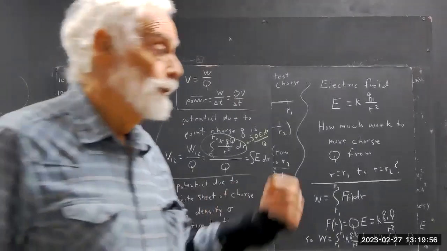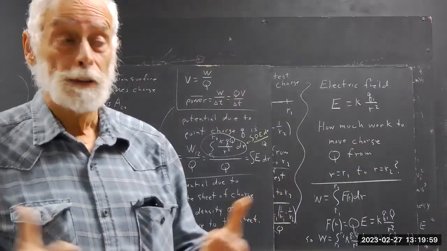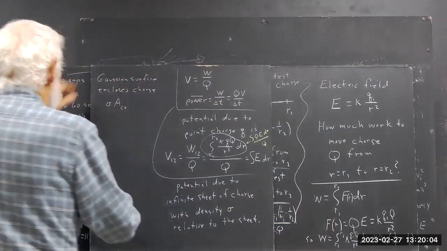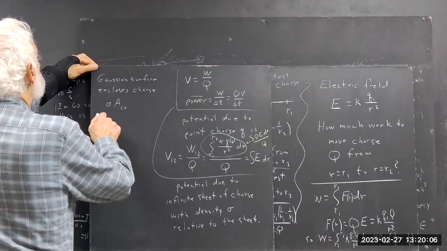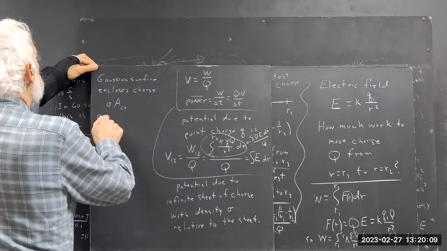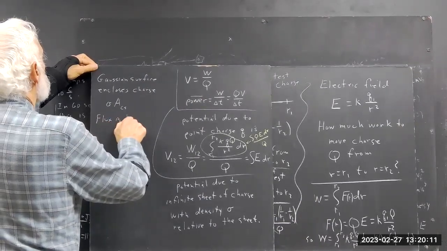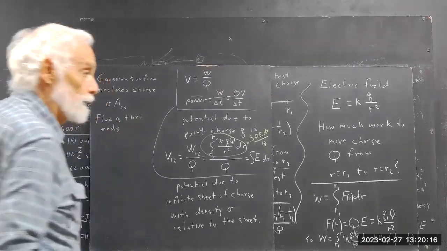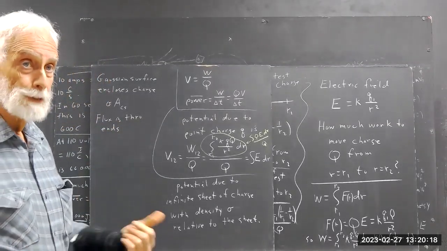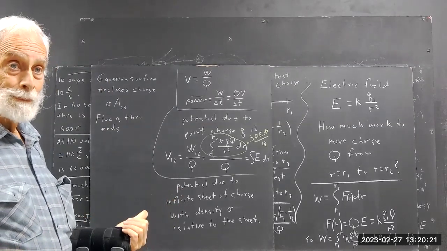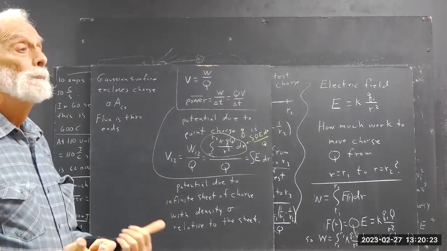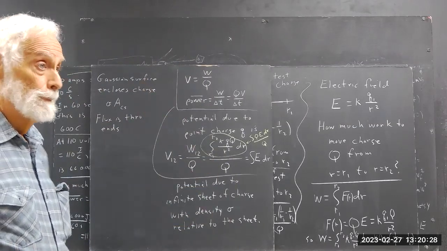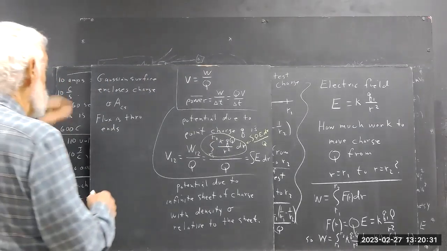So the field exits the surface only out of the ends, and all the flux is through the ends. I'm not writing down all the conditions. It should be implicit that this cylinder or prism is perpendicular to the sheet of charge.